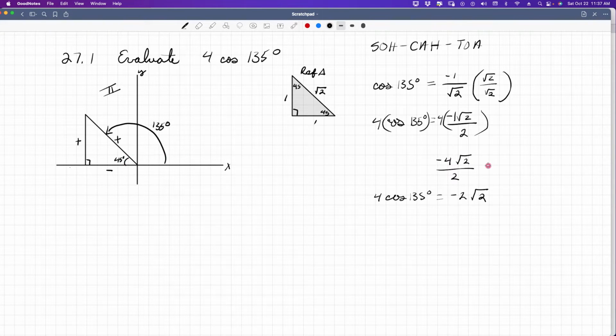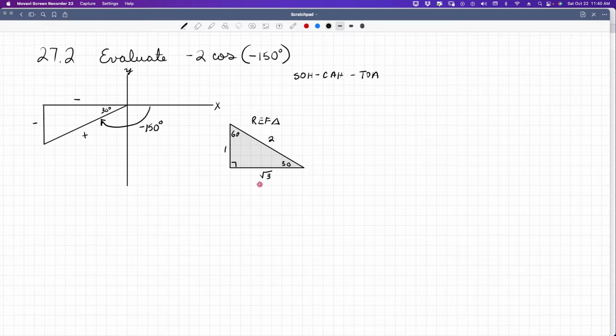So let's do another one. Let's do 27.2. I'm going to take a minute and draw it up here for us, and then we can solve it, okay? All right, here we have 27.2, and we're asked to evaluate negative 2 times the cosine of negative 150 degrees. So remember, we can have a negative degree. It just means we start measuring the angle backwards, instead of going in the normal counterclockwise direction, quadrant 1, quadrant 2, quadrant 3, quadrant 4.